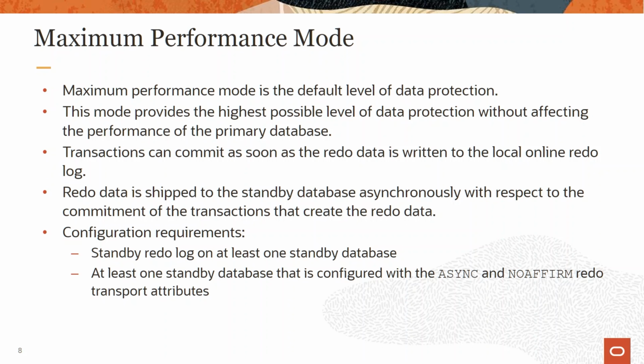Redo data is shipped to the standby database asynchronously with respect to commitment of the transactions that create the redo data. Configuration requirement: standby redo logs on at least one standby database, and at least one standby database that is configured with the ASYNC and NOAFFIRM redo transfer mode. That's what we learned.